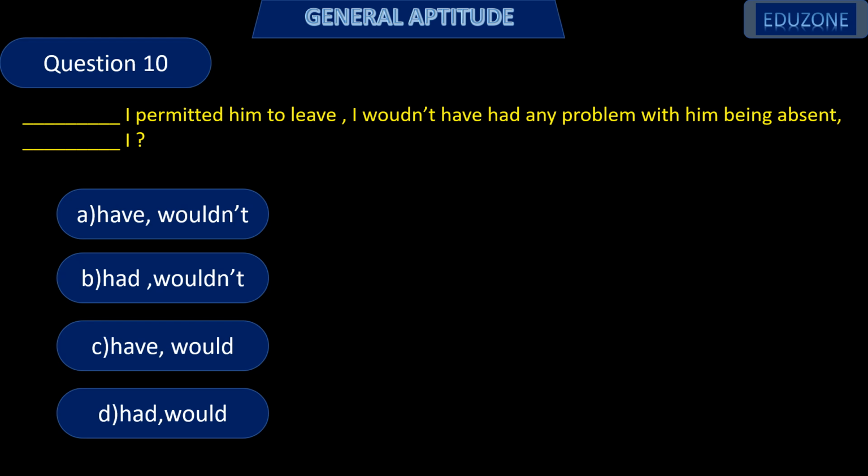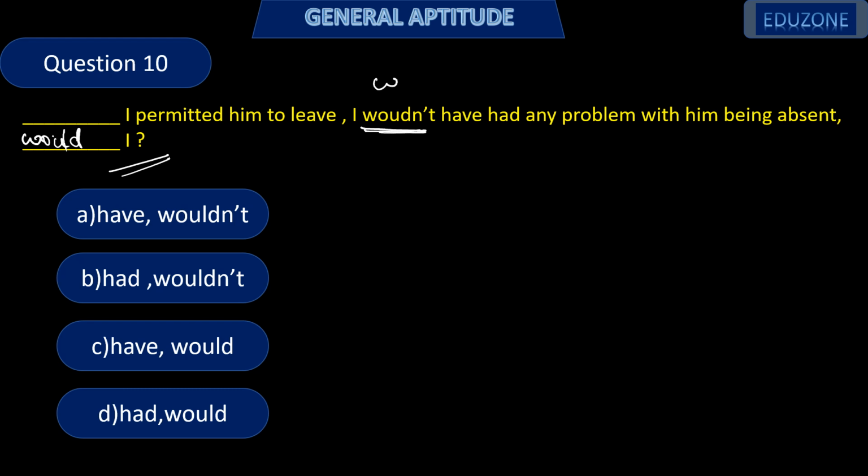Dash I permitted him to leave, I wouldn't have had any problem with him being absent, dash I. Here a question tag is used. In the main clause, the question tag matches the negative structure: wouldn't becomes would.